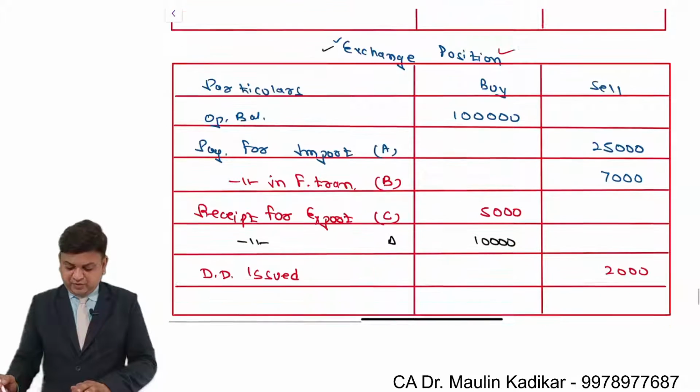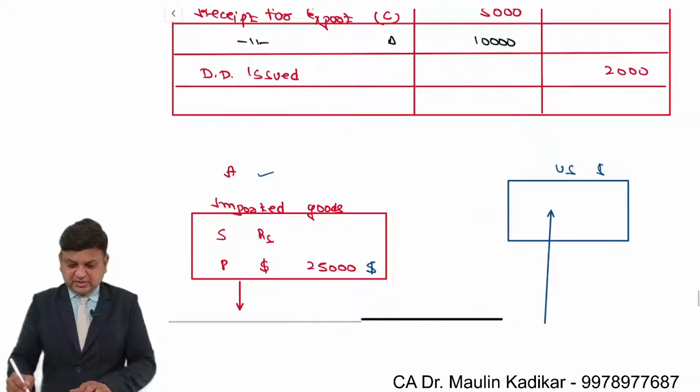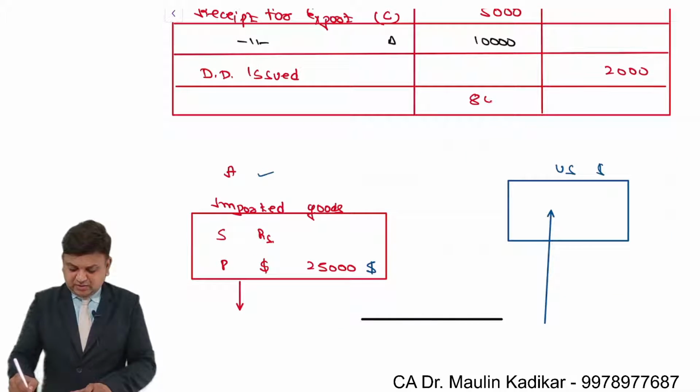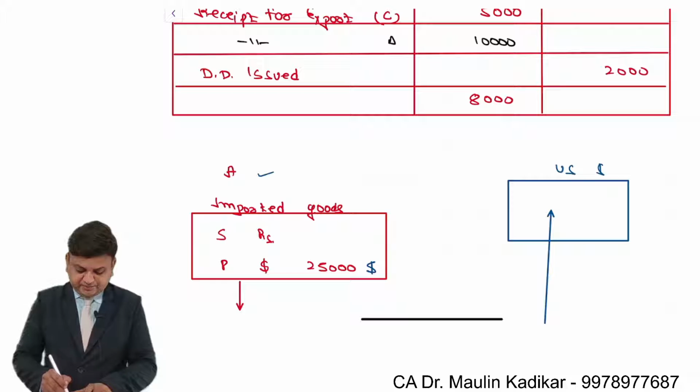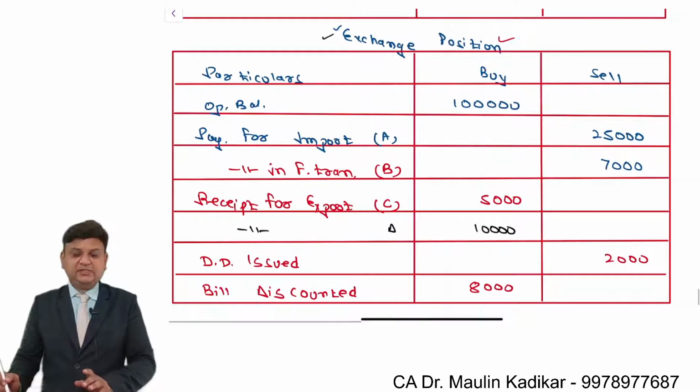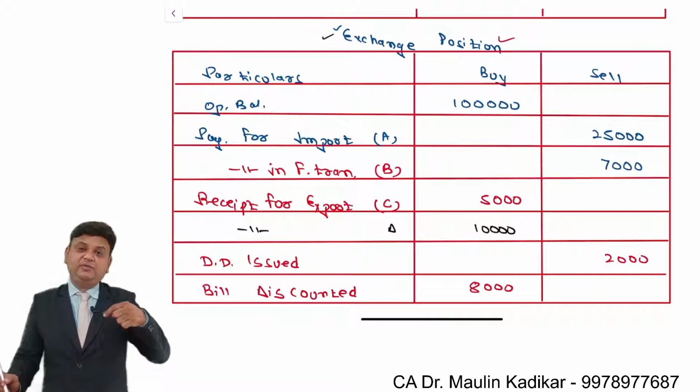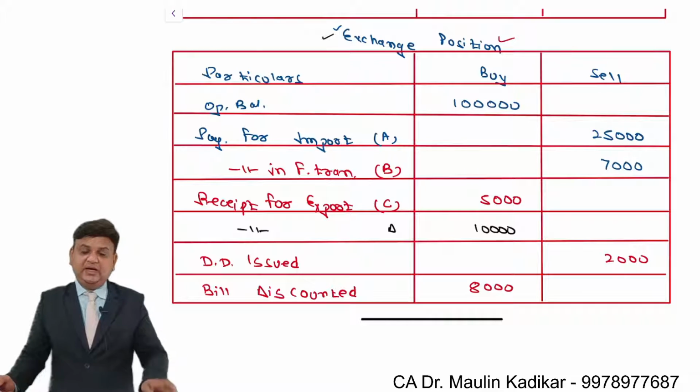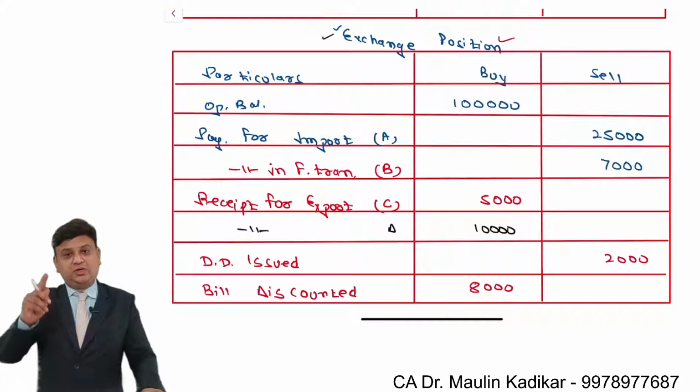From the bank's point of view, it will have the exchange position in that $8,000 bill discounted. After 3 months, when the customer of E Limited makes payment to State Bank of India, at that point of time, the Nostro account will be credited by $8,000.